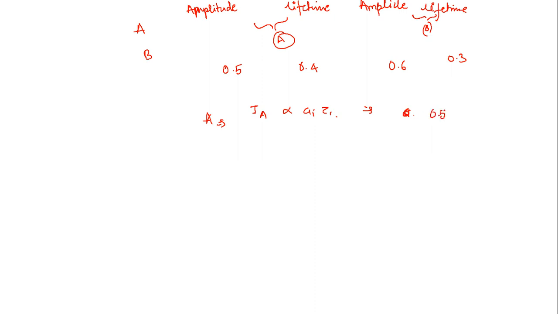So amplitude is 0.5, lifetime is 0.4, and you will get 0.20. And for I_B, A_i into tau_i will be 0.6 into 0.3, as we did previously. It will come to be 0.18.